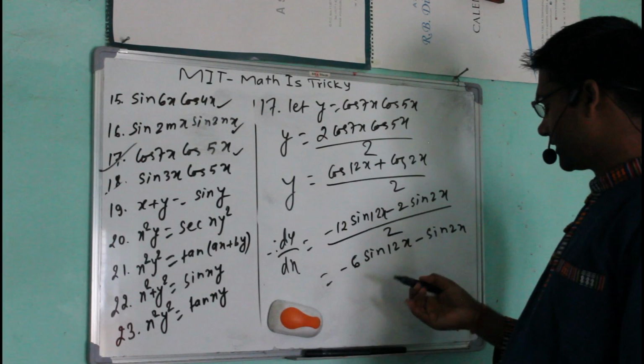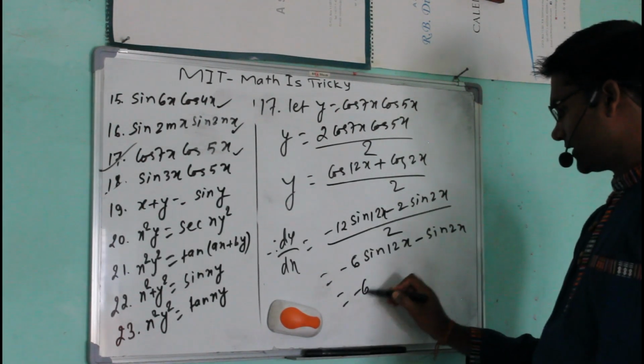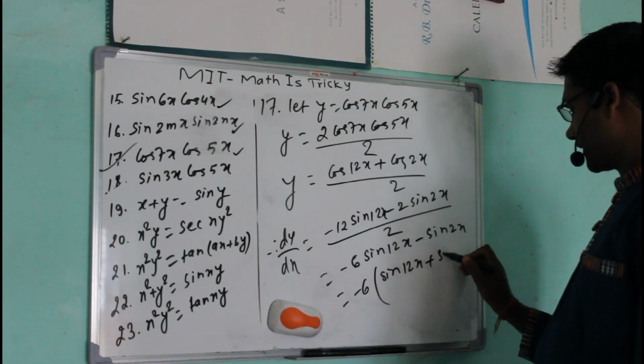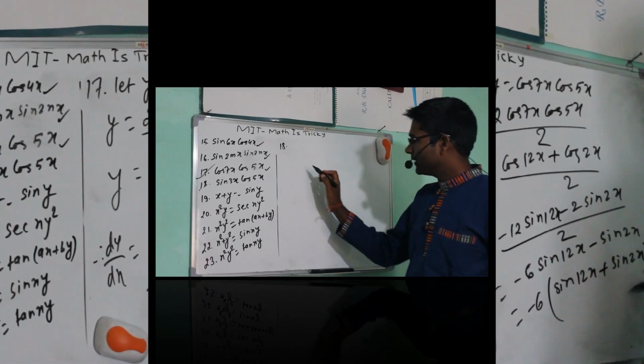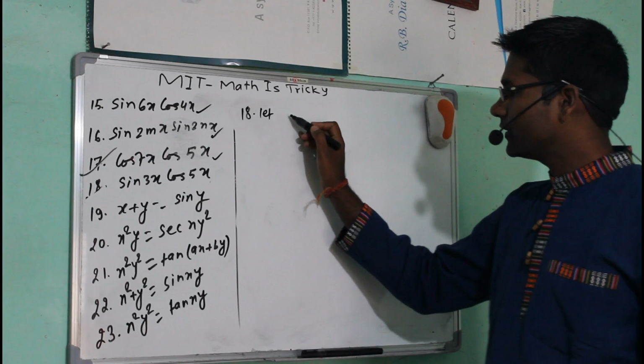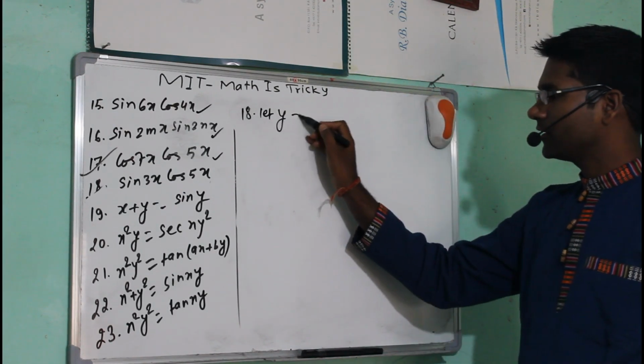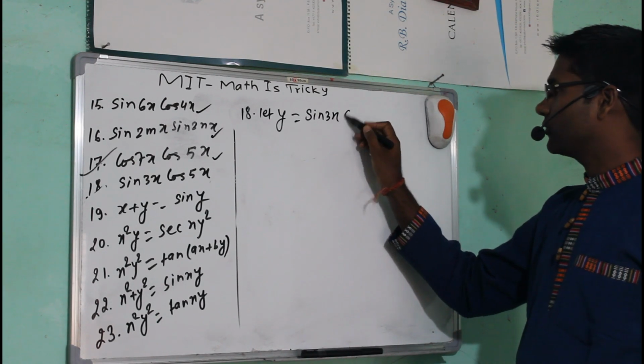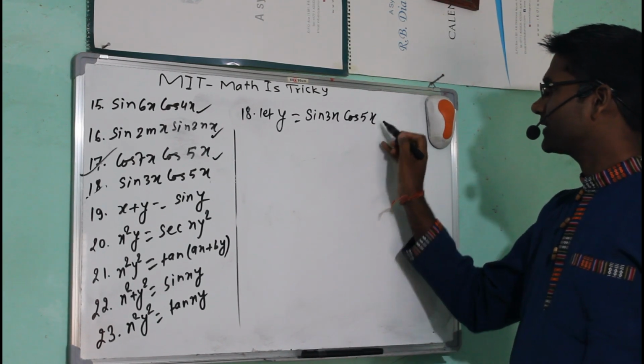That's your answer. You can take the minus sign inside also, so it will be minus 6 times sine 12x plus sine 2x.